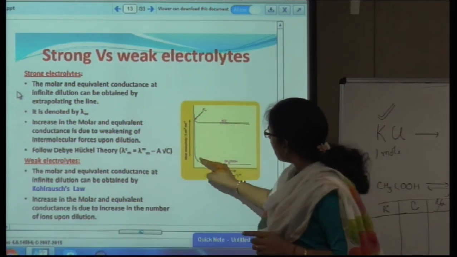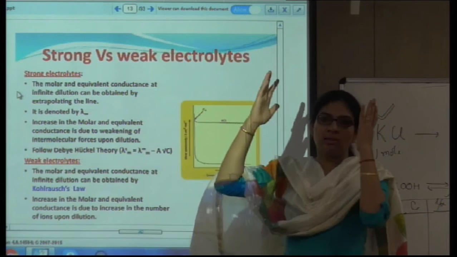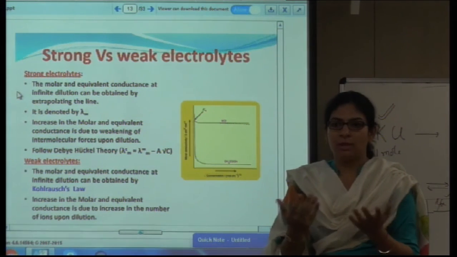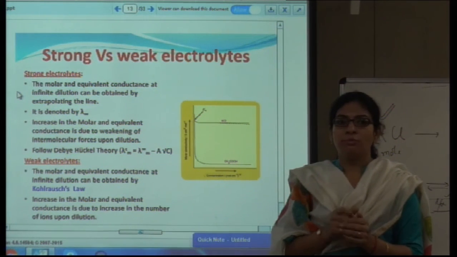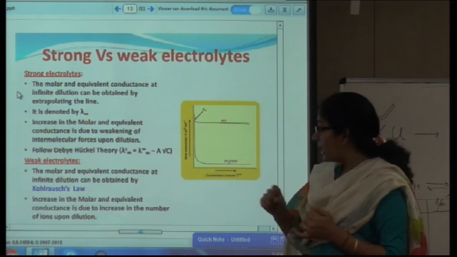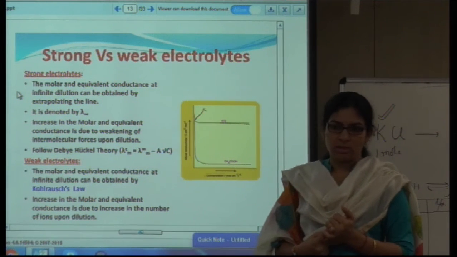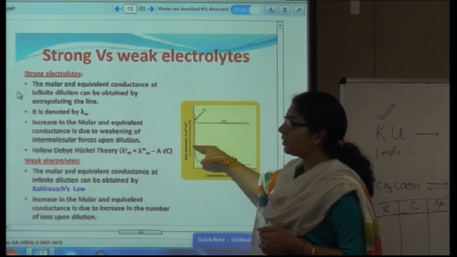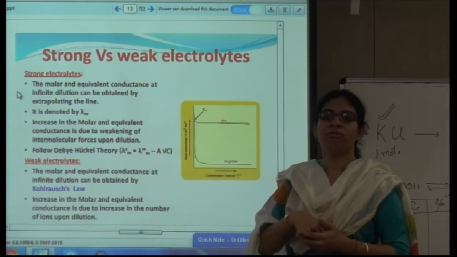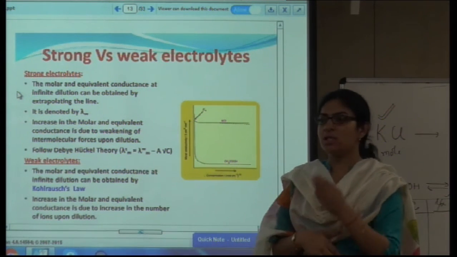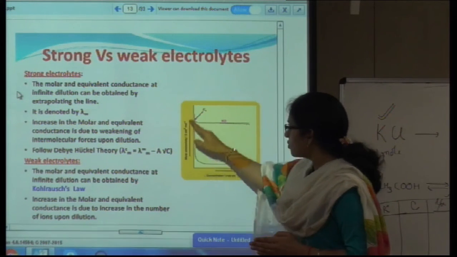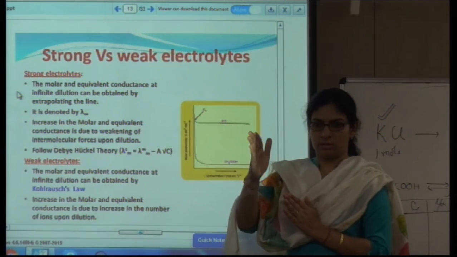So obviously it is going to meet, but at some point which is defined as infinity. So for weak electrolytes there is an increase in the conductance, but you will never get a limiting value of conductance by extrapolating, because this is not a straight line which you can extrapolate, right?